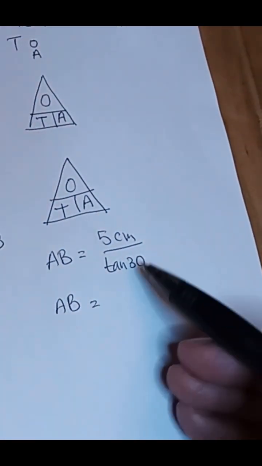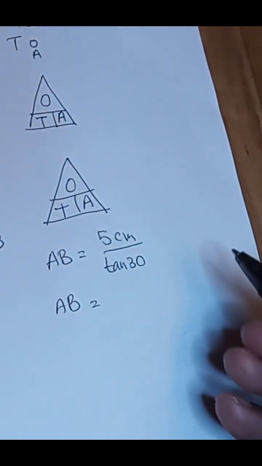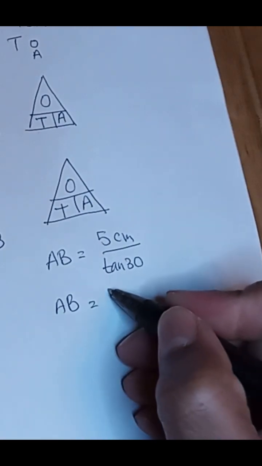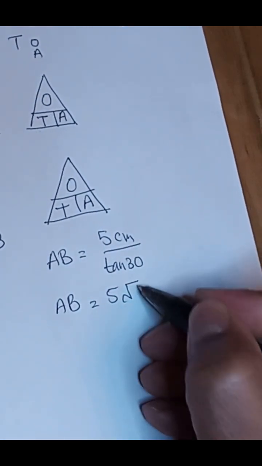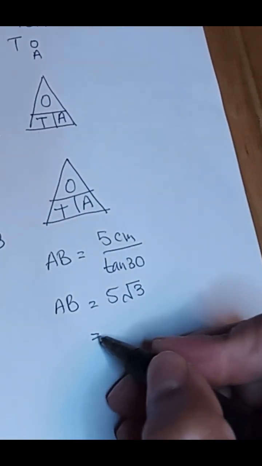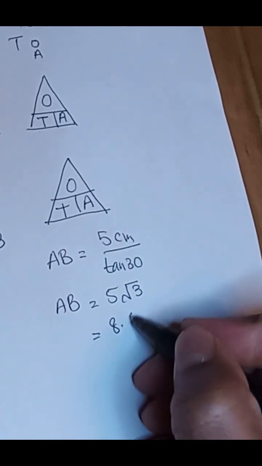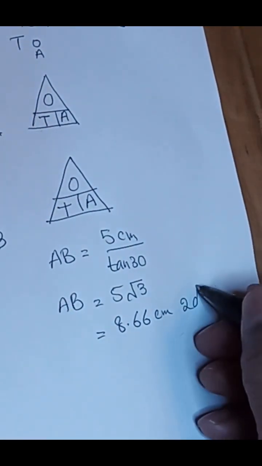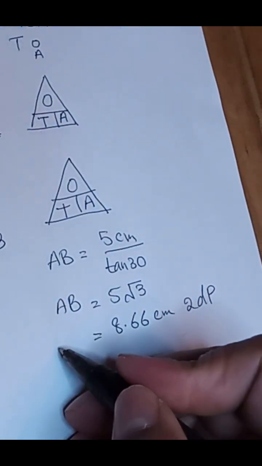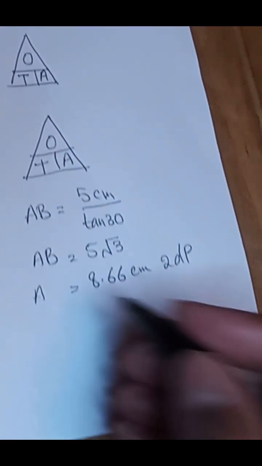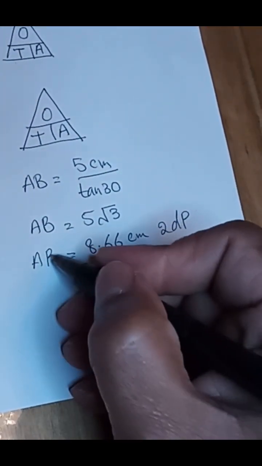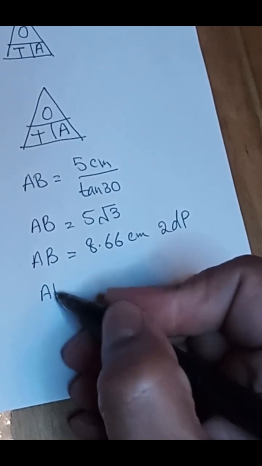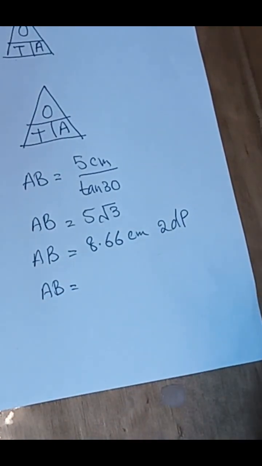Okay, if we put all this information in, 5 divided by tan 30 gives us 5 root 3, which equals 8.66 centimeter to 2 decimal places. But normally in the exam they ask us to write this length to 1 decimal place or the nearest centimeter.